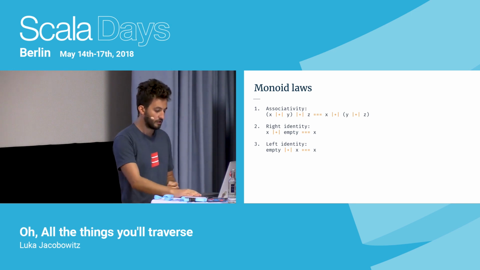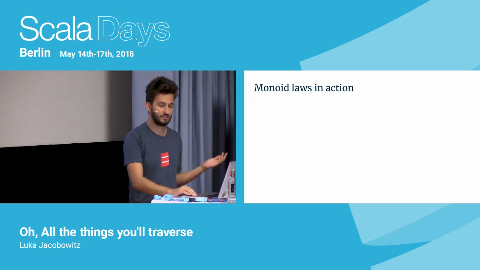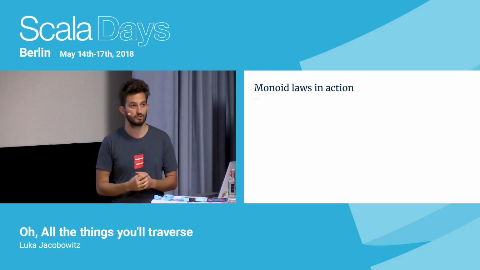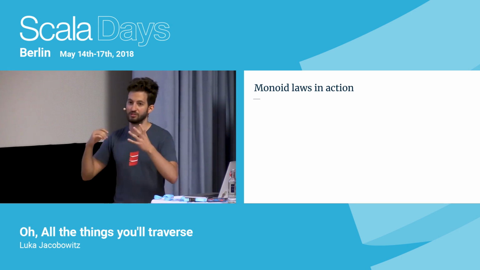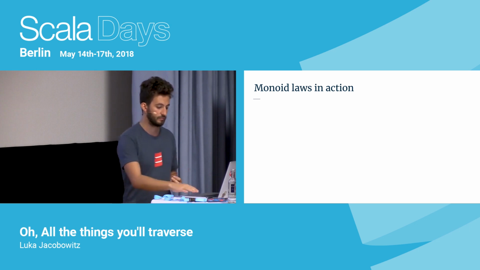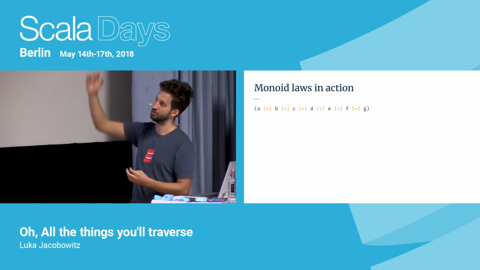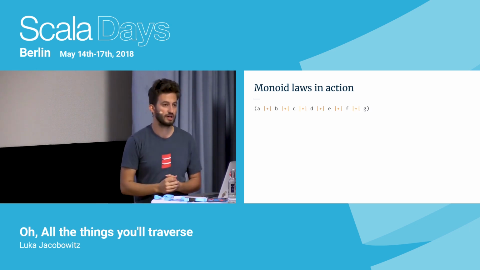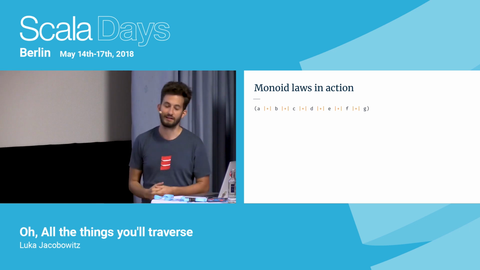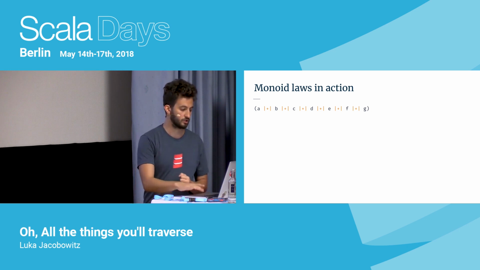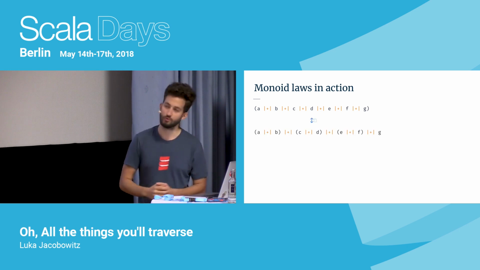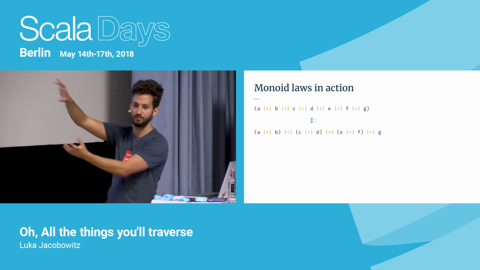Okay. So why do we need this? It's actually really useful because it gives us a lot of transformations that are really cool. So for example, if we have this, a list of 6 values which we're all combining, because of our monoid laws, we can do something like this. We can actually group them in certain places.